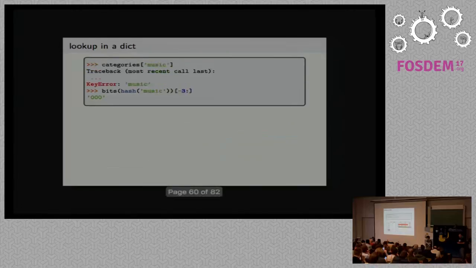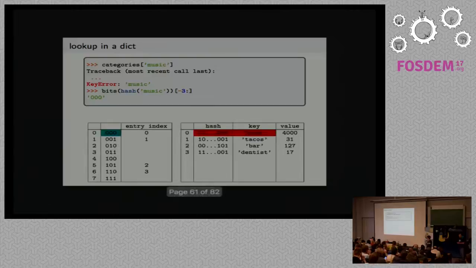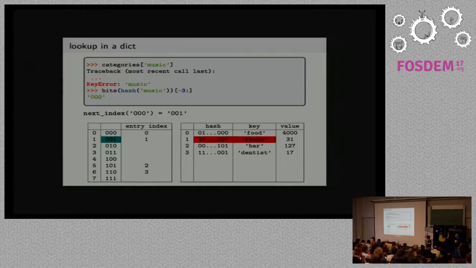Now, what if we want to know more about music? We don't have music in our dictionary. So how does CPython actually do that? We take a look at the hash of music, which turns out to be 000. We go into our table, 000 gives us food. Food isn't music, so let's just jump. The next one is 1.